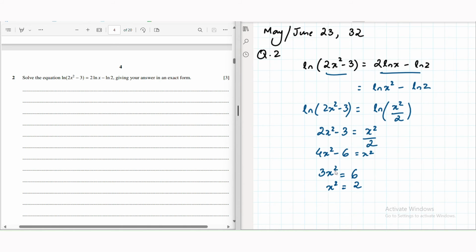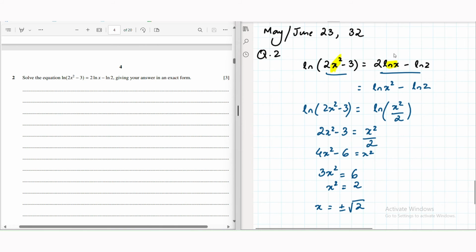Now, when we solve this, just as it is, we would get x equals plus or minus root 2. However, there's a problem over here. If you notice, we had the ln x term, not the ln x squared term. If we had the x squared over here, then it was probably fine.